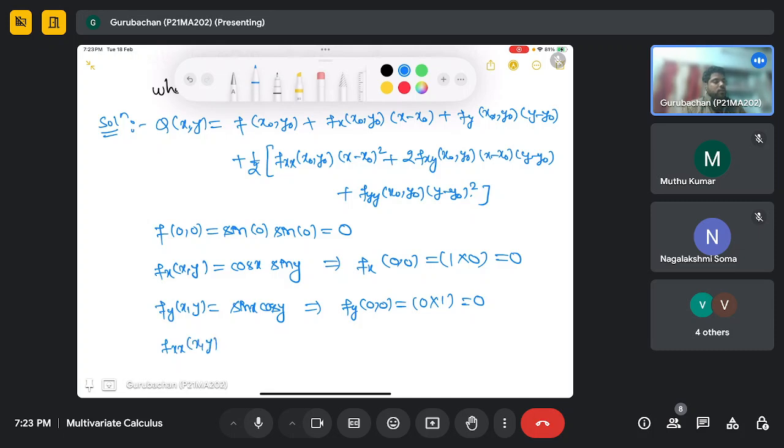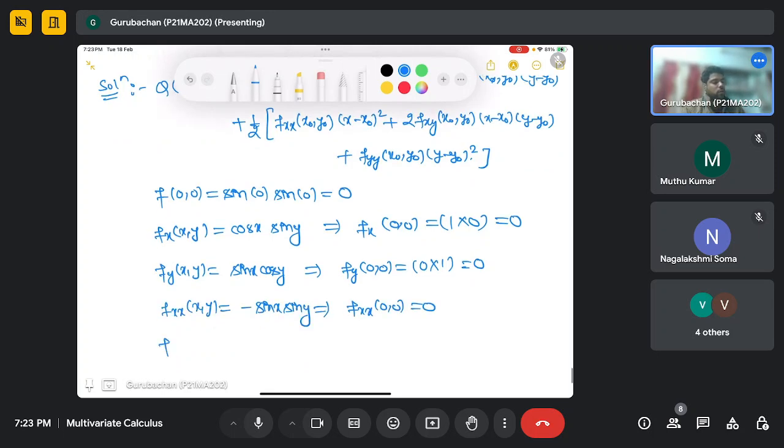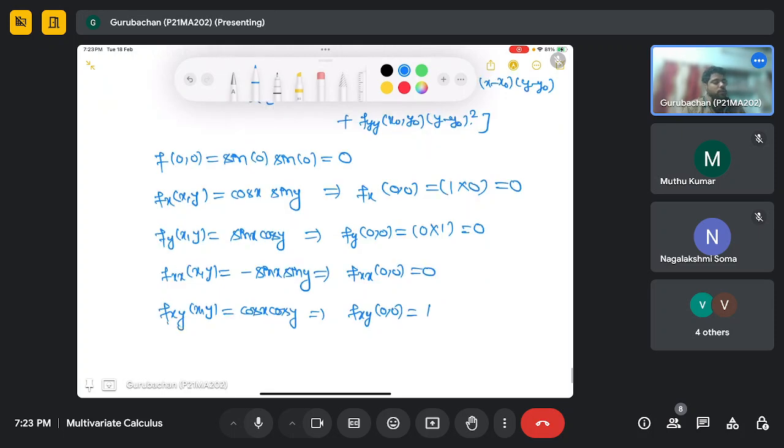f_xx of (x,y) is equal to minus sin x sin y. f_xx at 0, 0 is again 0. Now f_xy of (x,y) is equal to cos x cos y, which will give us f_xy at 0, 0 is 1.